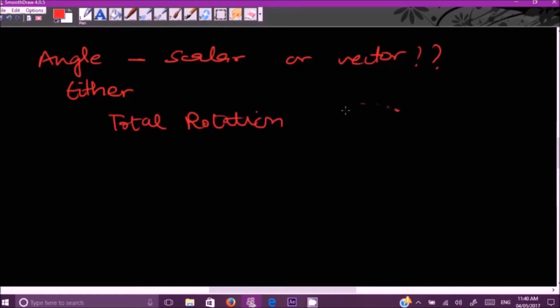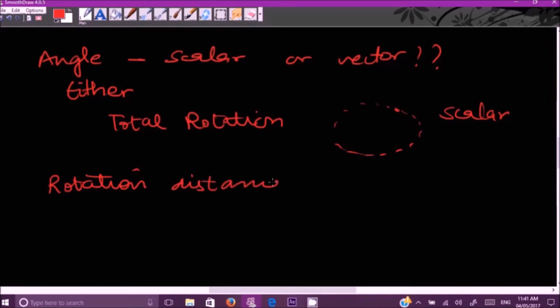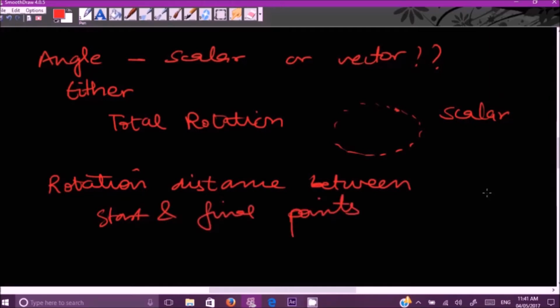You start from here, you reach the same point, then it's a scalar. But if your angle represents the rotation distance between two points, start and final points, you start from here, you reach this location, it's a vector.